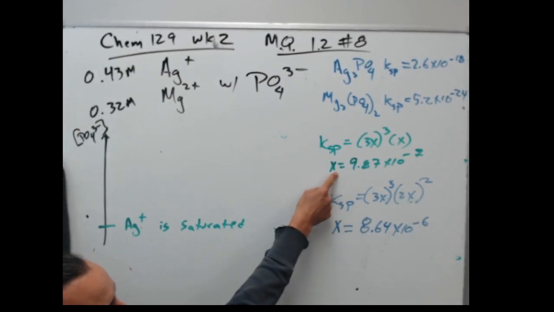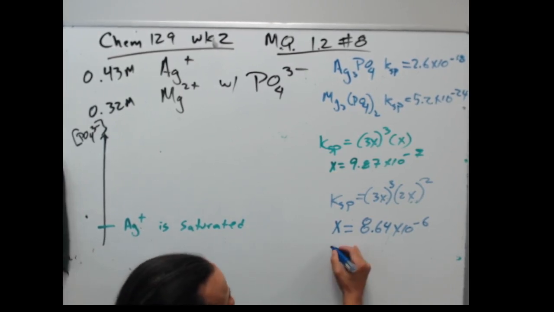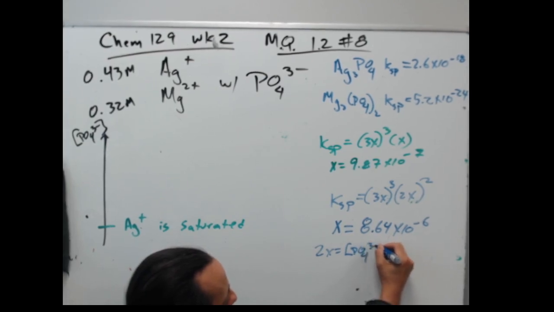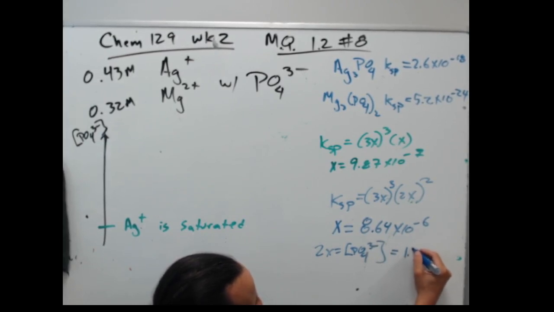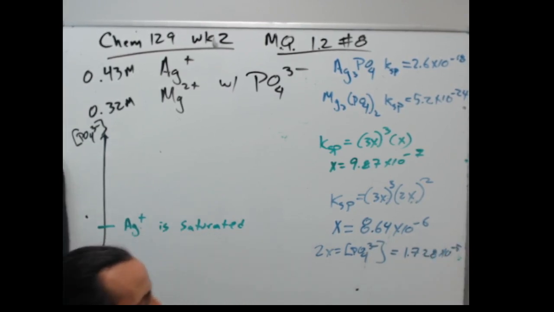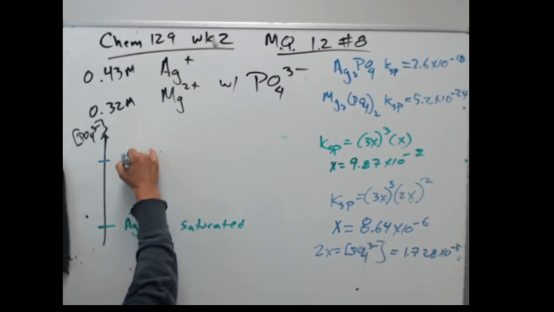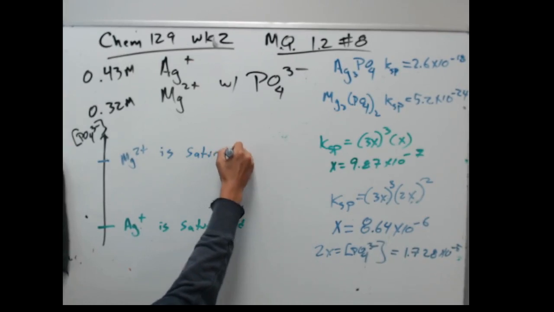And actually, for the magnesium, I need 2x to get my PO4 3- concentration here, which is going to be equal to 1.728 times 10 to the minus 5. So it's an even higher concentration of phosphate than if I was just doing it in water. So I'm going to get my Mg2+ concentration saturated at a higher level.